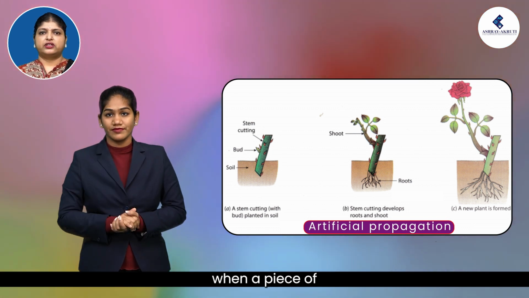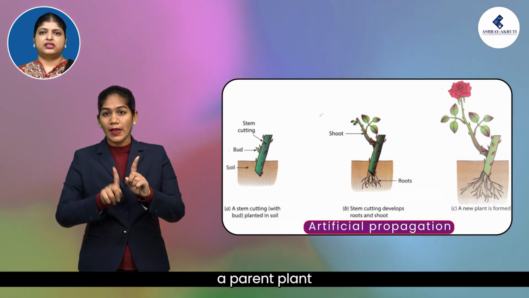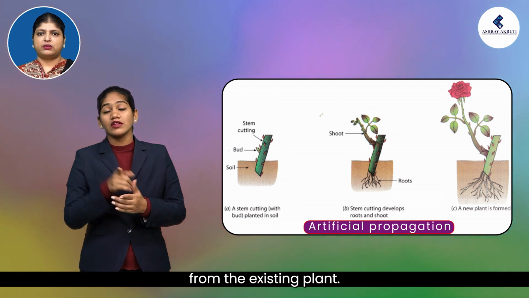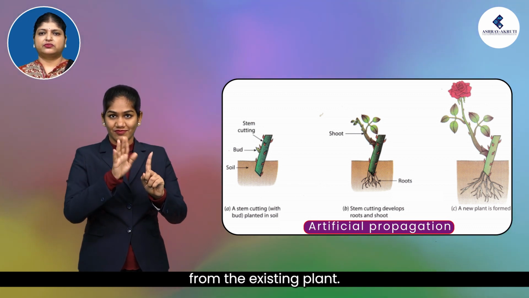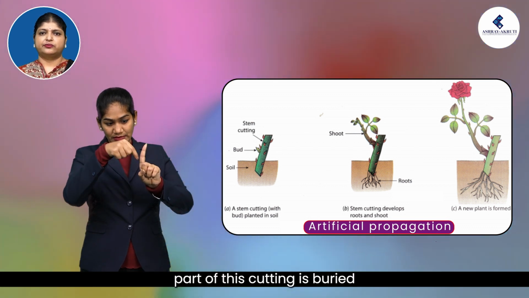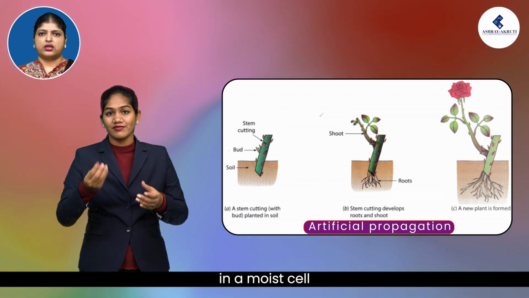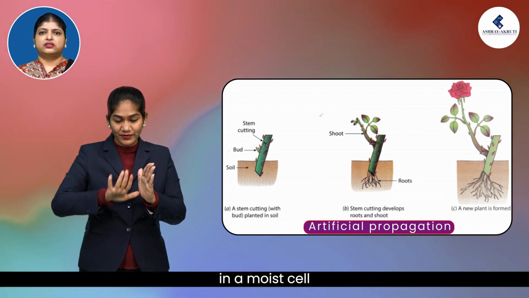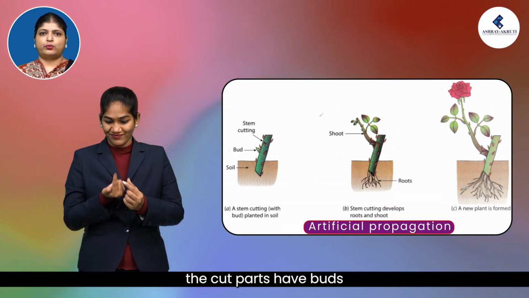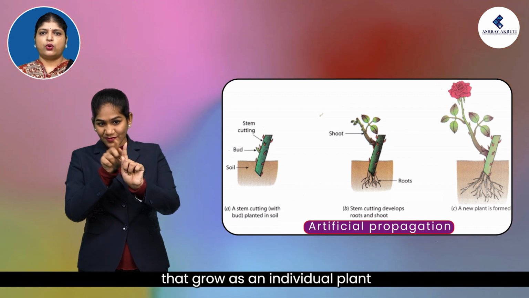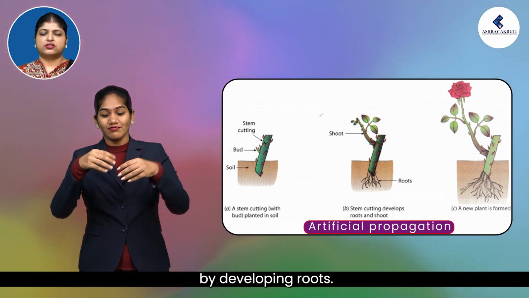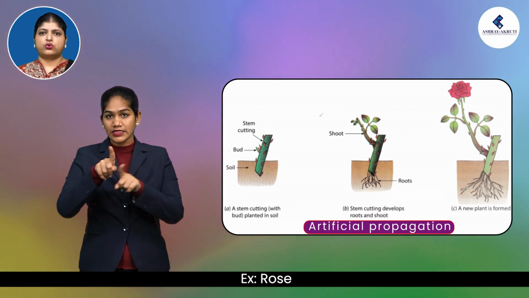When a piece of a parent plant having a bud is cut from the existing plant, the lower part of this cutting is buried in moist soil, and after a few days the cut parts have buds that grow as an individual plant by developing roots. Example, rose.